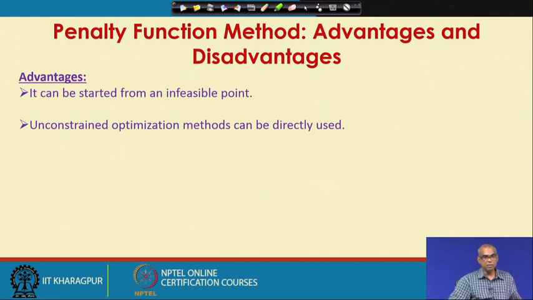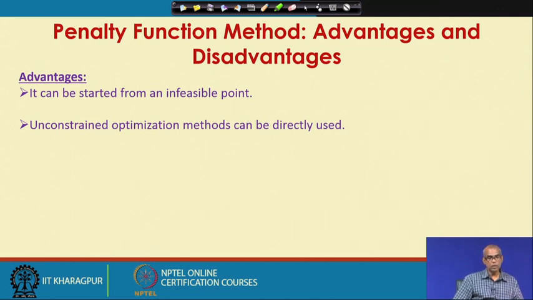What are the advantages and disadvantages of penalty function method? It can be started from an infeasible point for exterior penalty function method. The unconstrained optimization methods can be directly used. As I told you, there are a host of powerful, robust, unconstrained optimization methods which can be used directly to solve the nonlinear programming problem after you have converted it to an unconstrained problem using penalty function method.